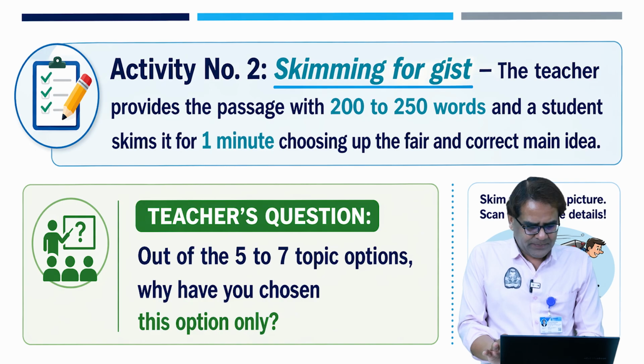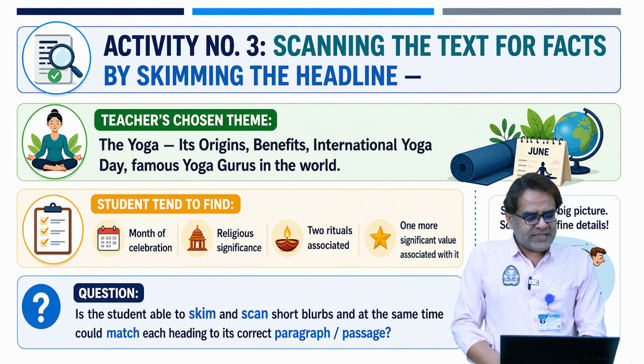Now, in the last activity number 3, we are looking at the element of scanning the text for facts. Let's say to skim a headline. The teacher chooses the theme. The theme is already there in front of you.